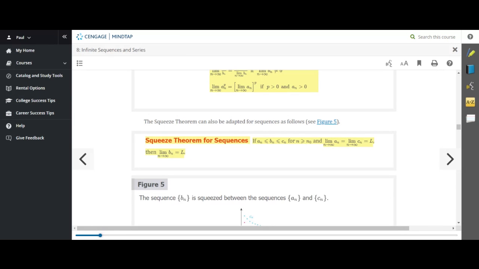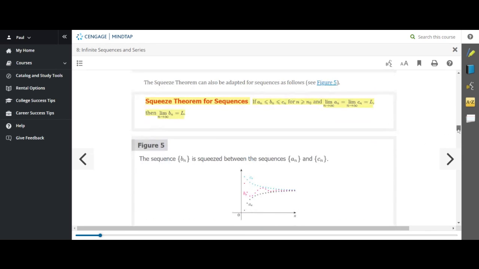So for the terms of the sequence, you've got a lower sequence and a higher sequence, and the sequence B sub n is always between those two sequences. See here, take a look at the squeeze theorem and look at figure 5.